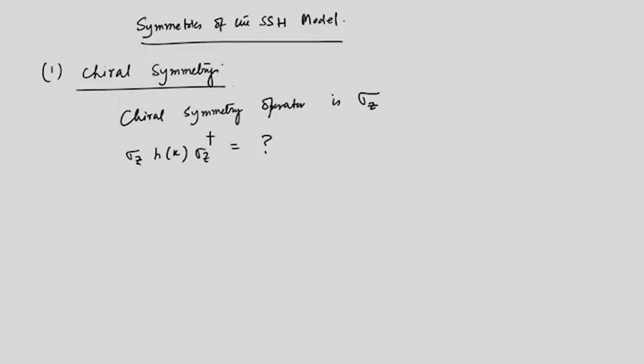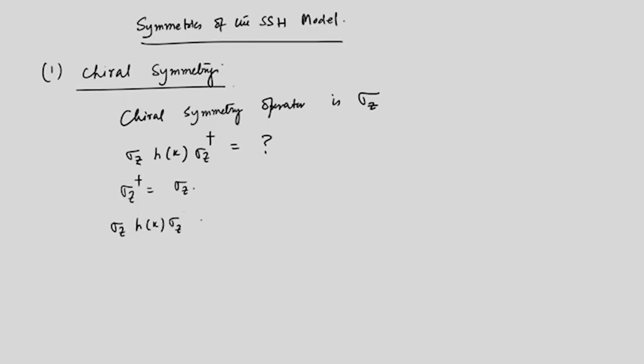Now, it is important to note that sigma z dagger is equal to sigma z because it is a Hermitian operator. So, we need to check what is sigma z h of k sigma z.